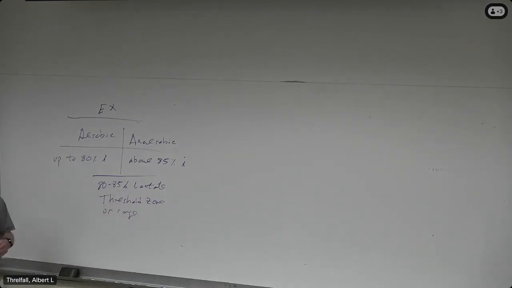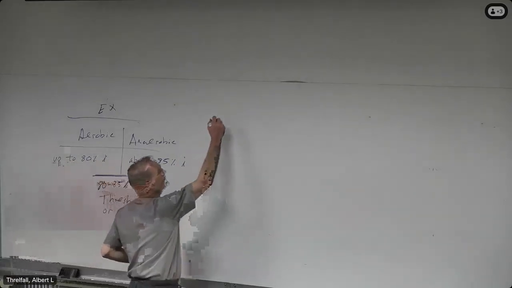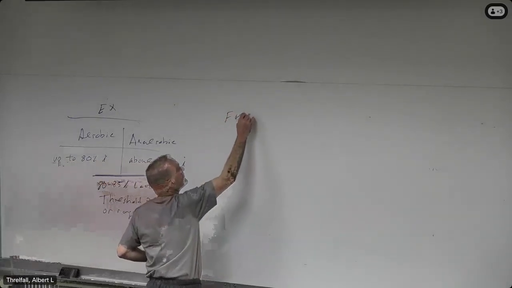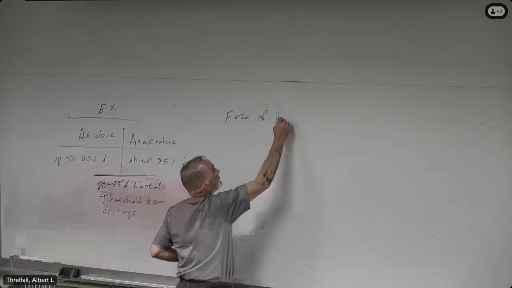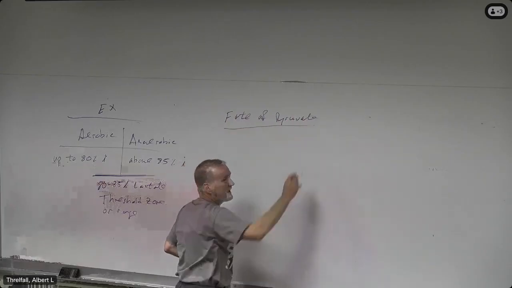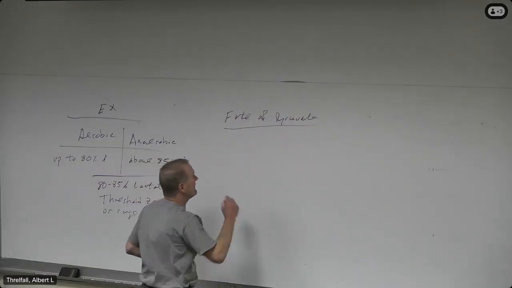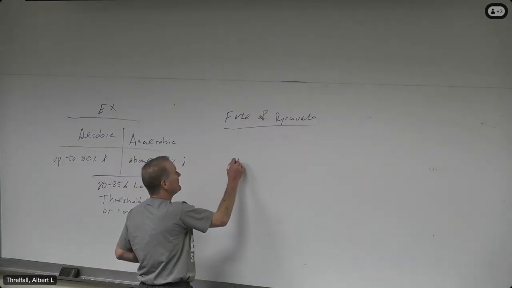So what happens is, and this takes us back to the fate of pyruvate. Maybe you have to flip back in your notes. I talked about this many times already.